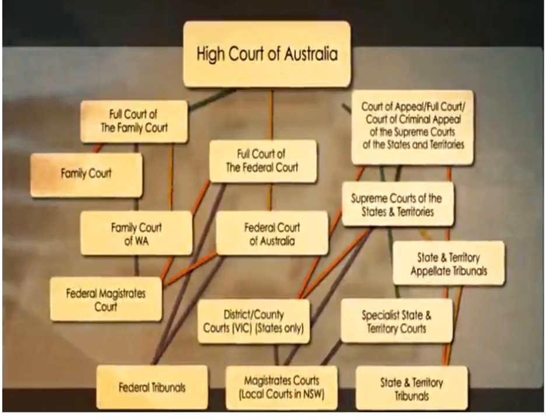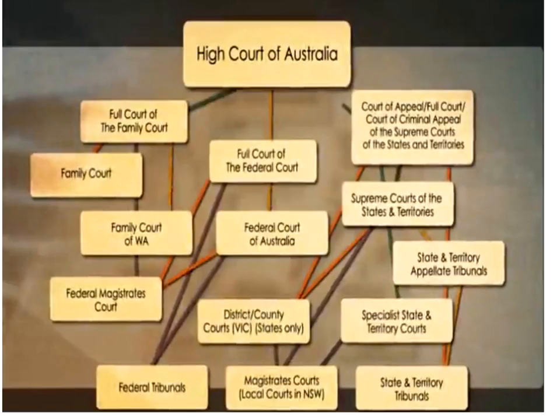And then there are specialist courts and tribunals across those different areas. Below the Supreme Courts of states and territories, there's a line that goes down to District Courts, and County Courts as they're referred to in Victoria. We'll explain as we go through what type of legal matters might be heard in what type of courts.